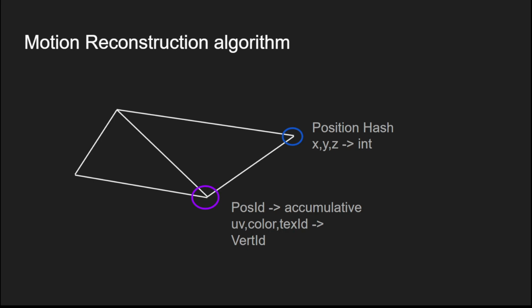To reconstruct the pixel motion of a vertex, we first need to find the connectivity via position hashing. This means all the vertices of the same location will have the same ID. We then accumulate a single hash for the vert from all of its contributors. This gives us a relatively stable ID for each vertex in the scene for the current frame.